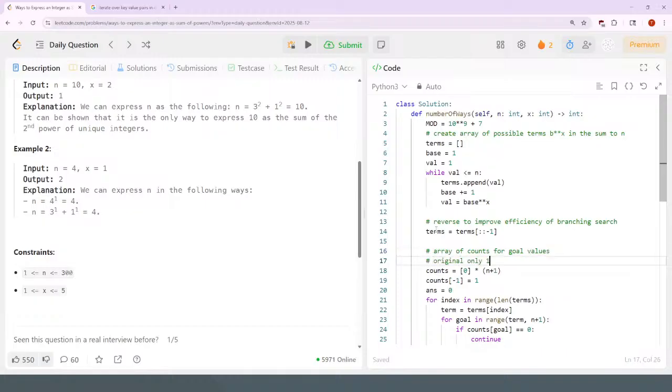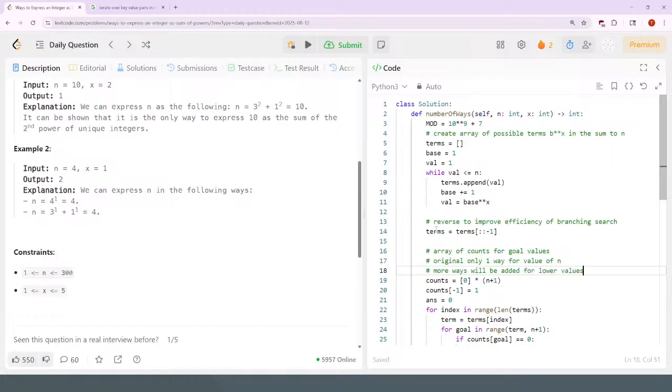Actually, only one way for goal value of n, but more ways will be added for lower values depending on what terms are subtracted.